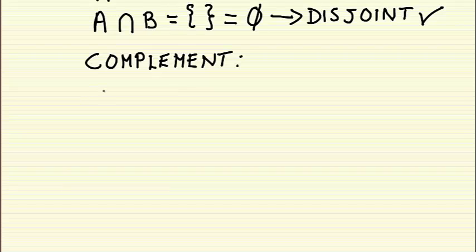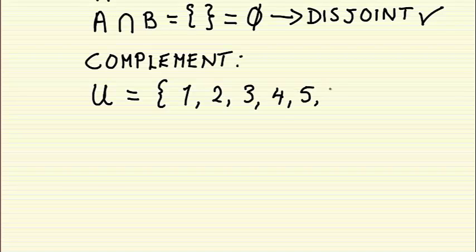So the universal set is going to be a given set of all of the elements that we're interested in for a given problem, typically denoted using a capital U. So let me say that my universal set for this problem I'm interested in is the set with elements 1, 2, 3, 4, 5, and 6.